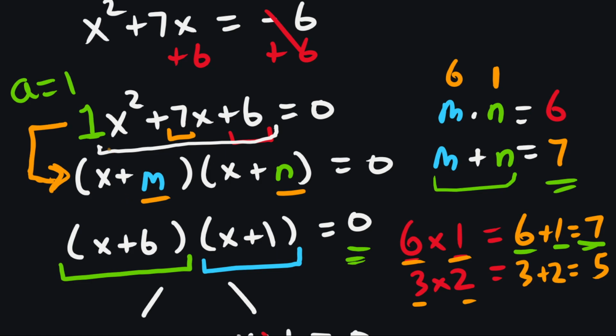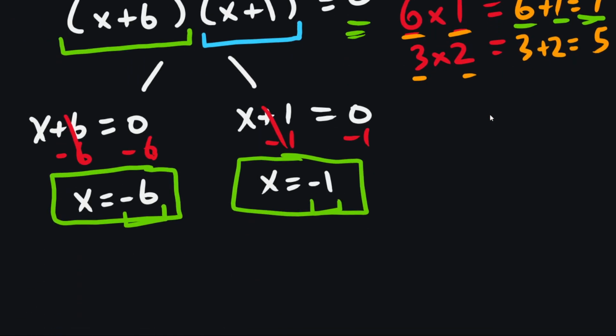If our a is not equal to 1, then that is something that I will teach you how to do in the next video. But that is how you solve this type of quadratic equation where our a term equals 1.